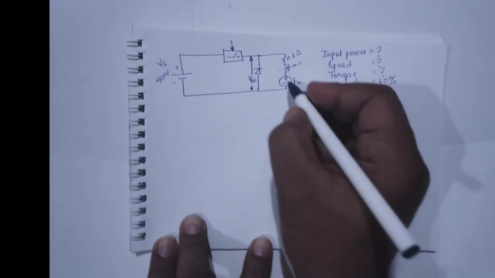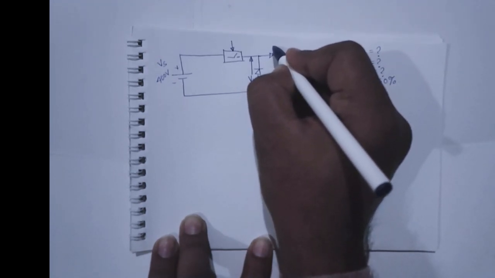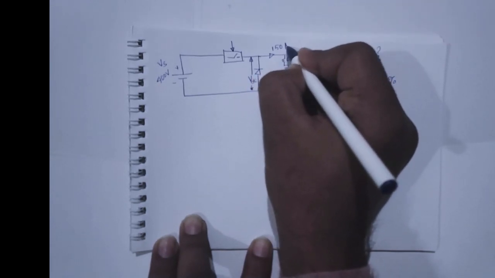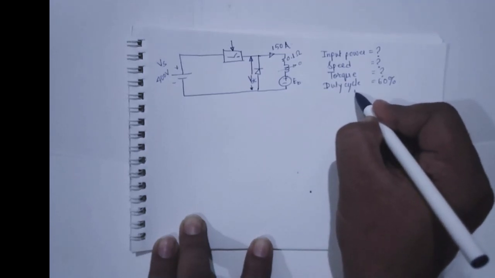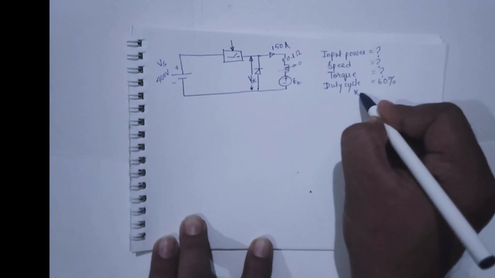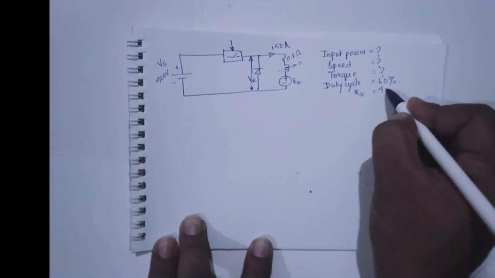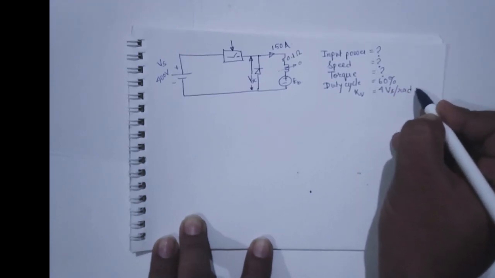It is also given that the average current flowing in this path is 150 ampere, and the voltage constant kV of the motor is 4 volt seconds per radian.